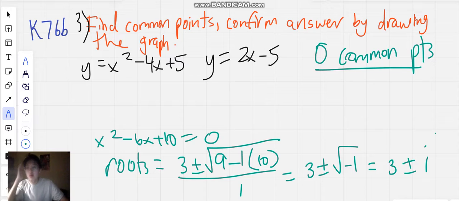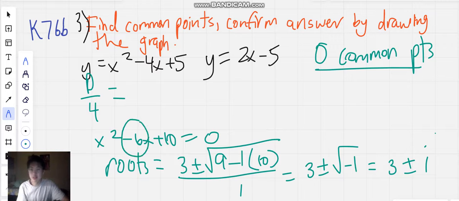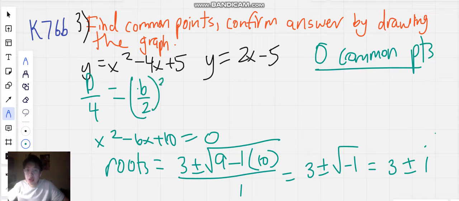And then I can confirm that this is correct, that I didn't make a mistake, by calculating the discriminant. In the case where your b term is even, I have a shortcut for the discriminant formula, and I just say d/4, because that means I'm applying the shortcut for the discriminant formula, and that formula is going to look like (b/2) squared minus a times c.